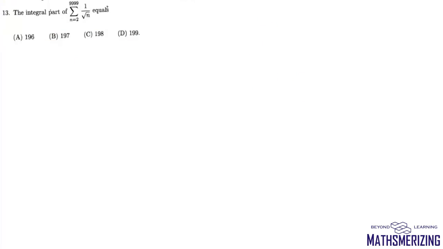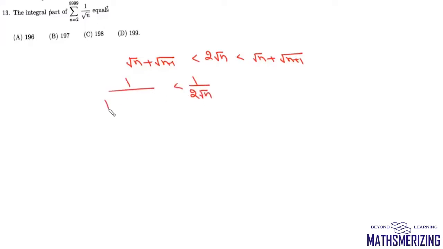Now question number 13 is, the integral part of this summation is, now we can write 2 under root n is less than under root n plus 1 plus under root n, and it is greater than under root n plus under root n minus 1. Now we'll take reciprocal, then we can write 1 upon 2 root n is greater than 1 upon under root n plus 1 plus under root n, and this is less than 1 upon under root n plus under root n minus 1.